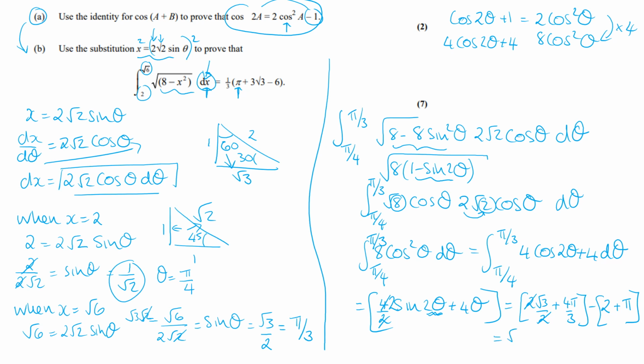We've got root 3, we've got plus 4/3 pi, minus a whole pi, which is 3/3, so that's going to be plus 1/3 of pi, and then minus 2. And if we take a factor of 1/3 out, you're going to get the pi, just putting it in the order of the question, plus the 3 root 3, and then minus 6.